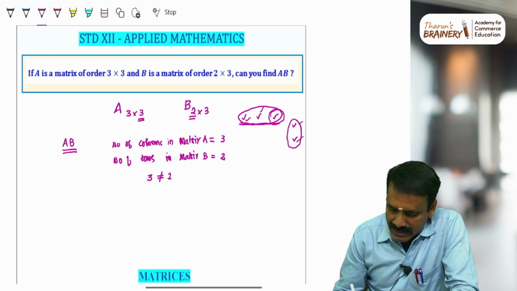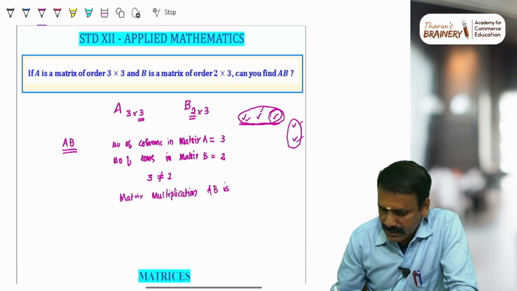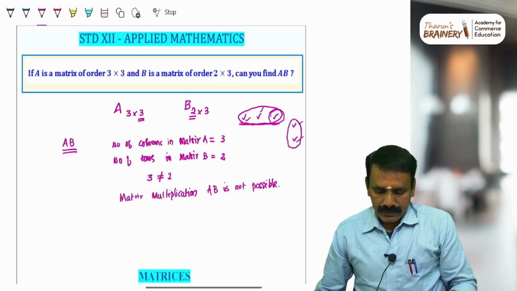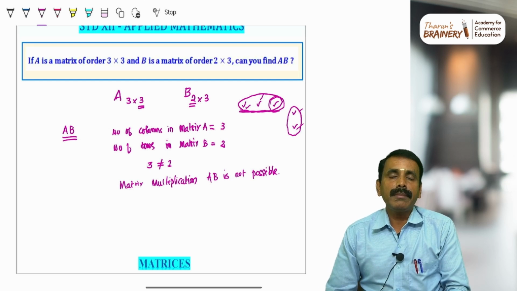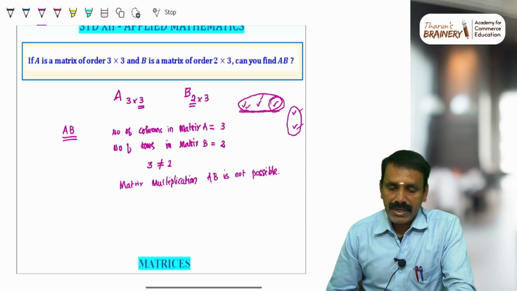So matrix multiplication of AB is not possible. This is the process of finding whether matrix multiplication is permissible or not. We must check the orders first.